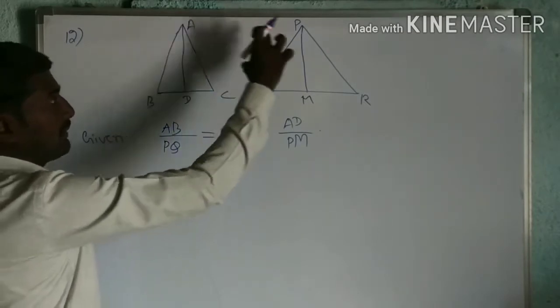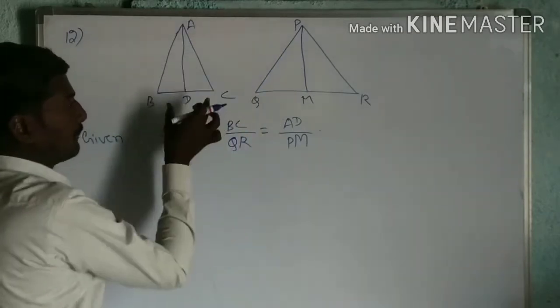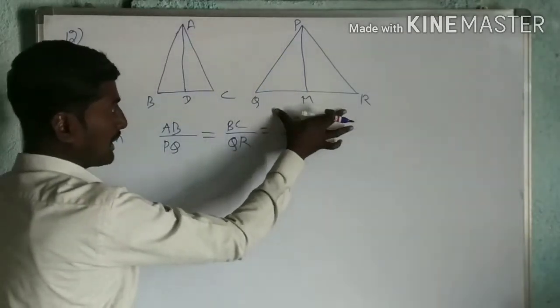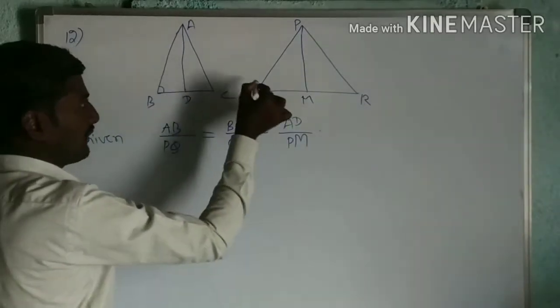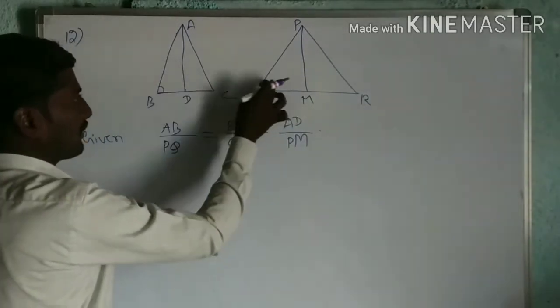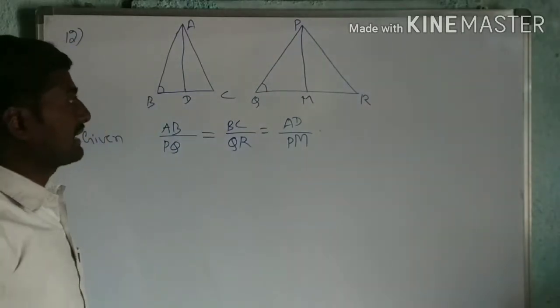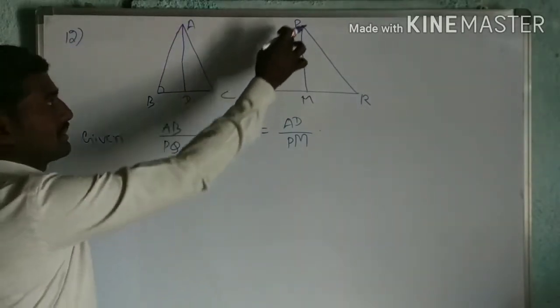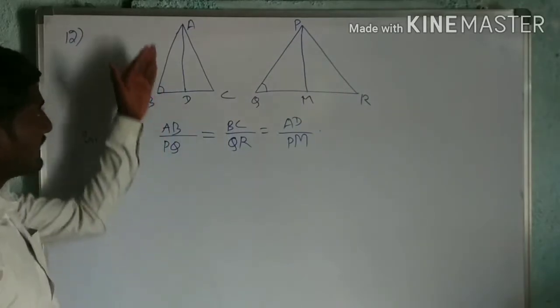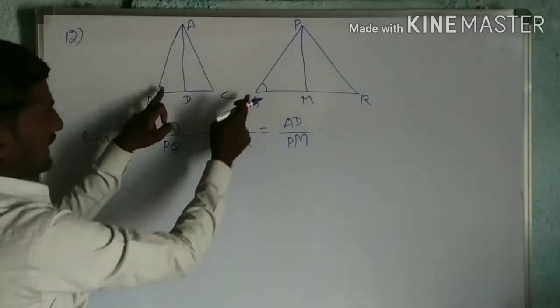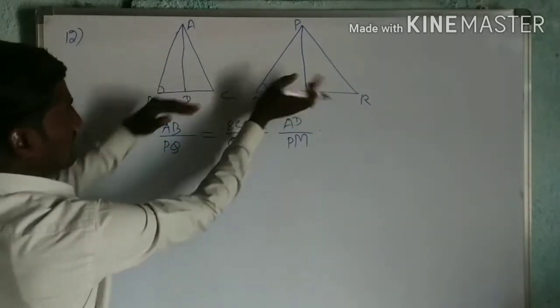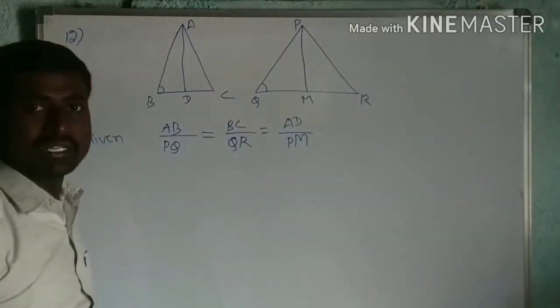Now AB, PQ, BC, QR. If I prove the angles are equal, meaning angle B is equal to angle Q, then automatically I can show that ABC is similar to PQR by using the SAS similarity criterion.